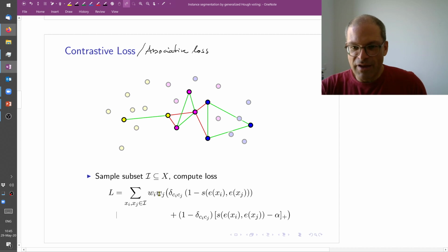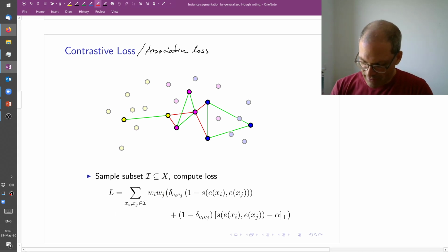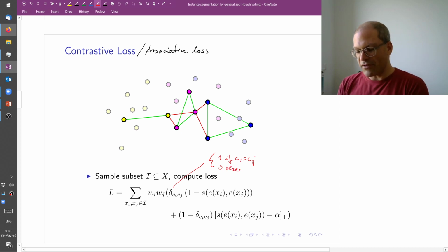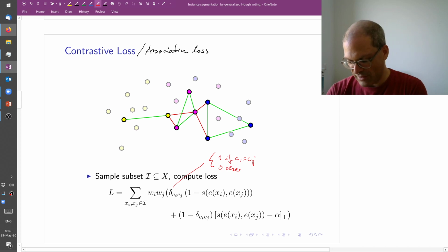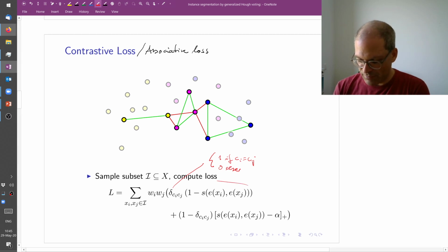And then we want pixels that belong to the same instance to be very similar. So what we have here, this Kronecker delta, is 1 if Ci is Cj and 0 else. So if the two pixels belong to the same instance, then this part of the loss is turned on.